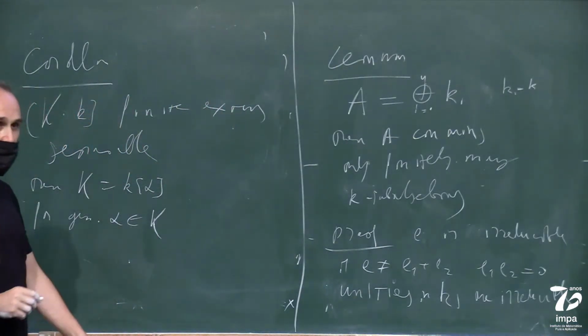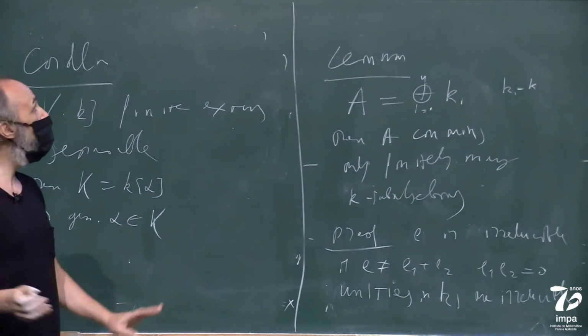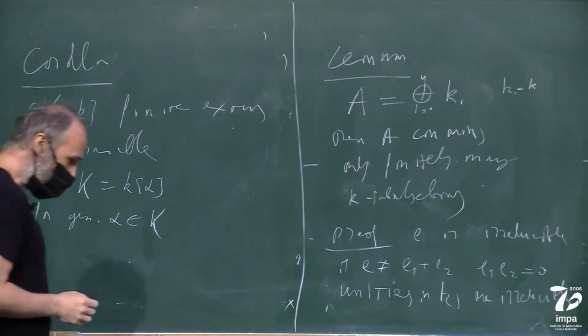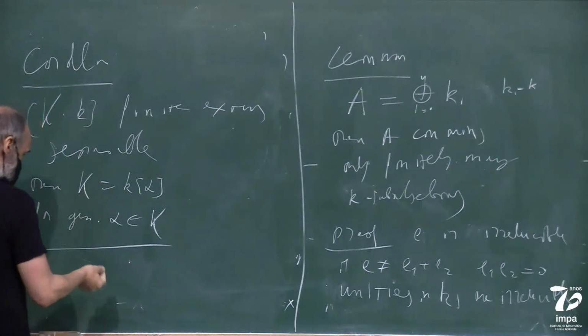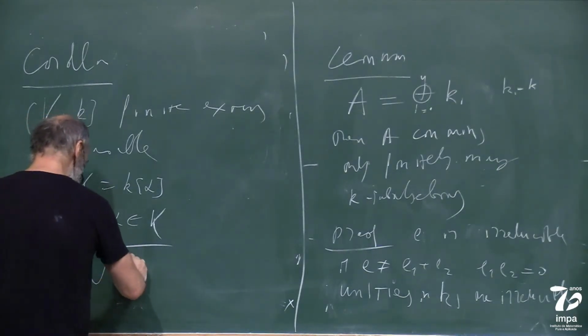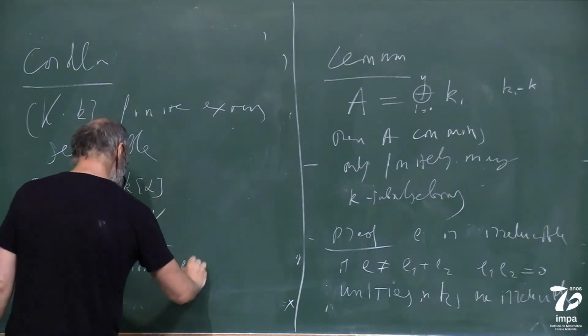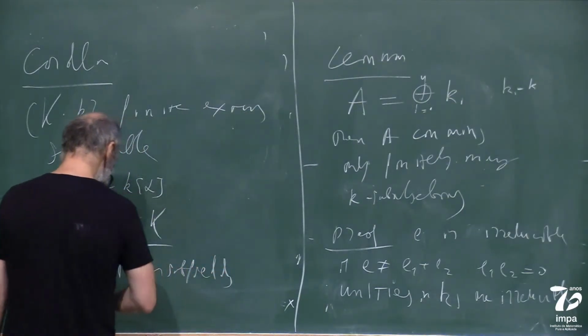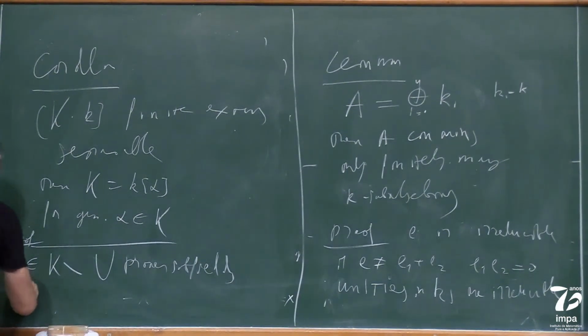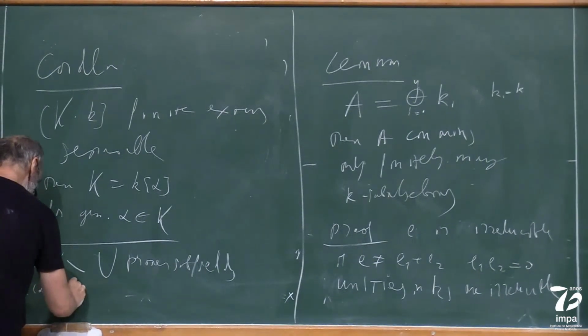K small. Is that clear? Clear. I can repeat. Look. Let's number all subfields. There are finitely many. You take K without the union of all proper subfields. And you take alpha inside this complement. Then K small of alpha is a subfield.